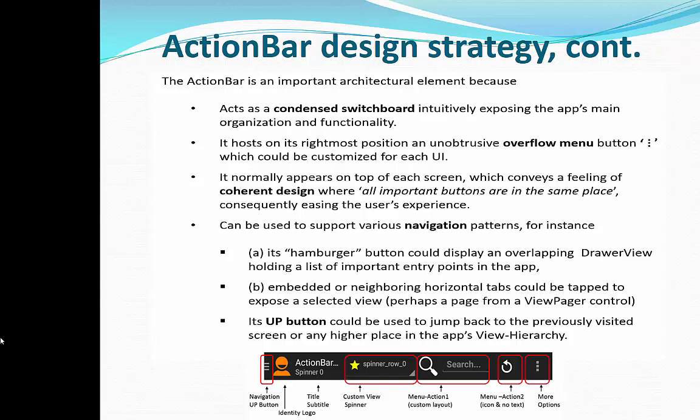It hosts, in its rightmost position, an unobtrusive overflow menu button, which could be customized for each UI. So basically, you can put anything here, but normally in a text way, right? You cannot combine text and picture. Normally, only text in this overflow menu.